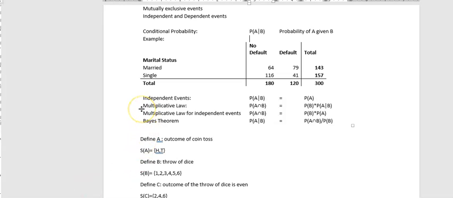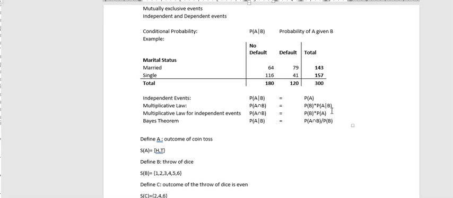Now let's move on to the multiplicative law of probability. The multiplicative law of probability is that if we want to find out the intersection of two events A and B, we can simply multiply their probabilities if those events are independent, or we can multiply the probability of one event with the conditional probability of the other event.